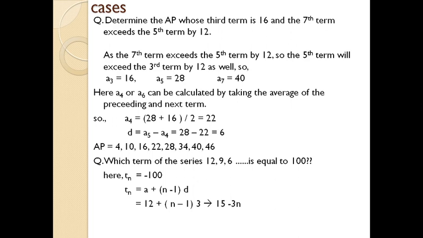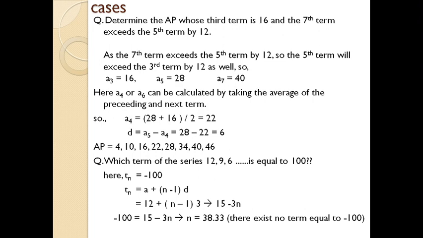By solving this, you will get 15 minus 3n. And finally, minus 100 equal to 15 minus 3n, and n equal to 38.33.